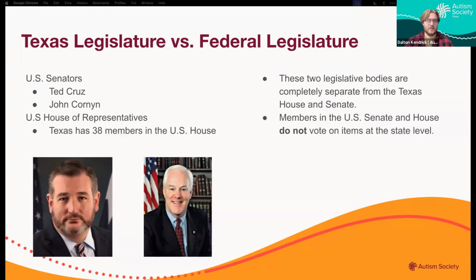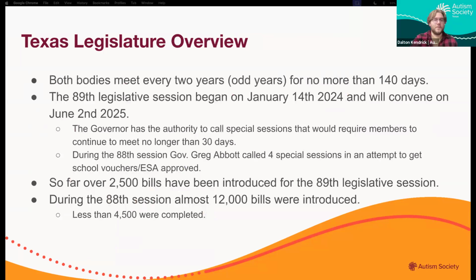Alrighty. Perfect. So moving forward, back to the Texas legislature. Both bodies will meet every 2 years for no more than 140 days. They meet every odd year. The last legislative session for Texas was in 2023, and they just started the legislative session for 2025.